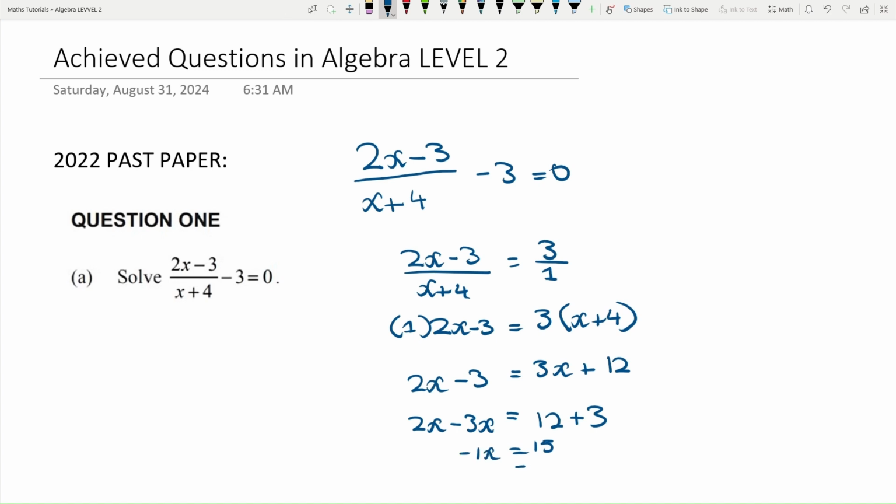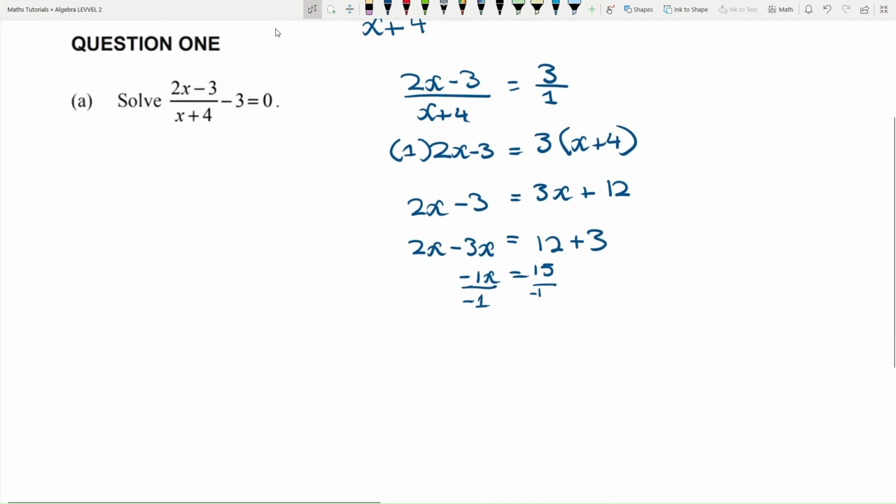Now we are going to divide by negative 1, and also divide 15 by negative 1. This is going to leave us with x, because we cross out the negative 1, and it's going to leave us with negative 15, which is going to be our answer. So this is going to be achieved.